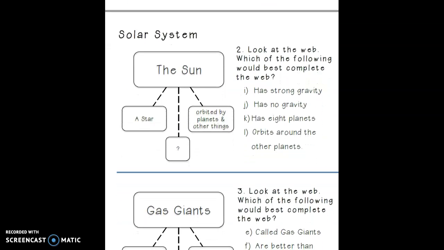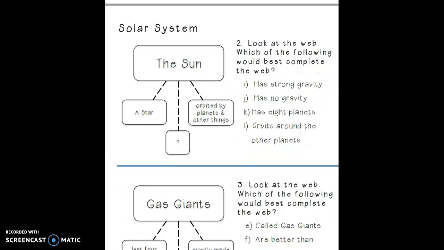It says solar system, 2, look at the web. Which of the following would best complete the web? So the main idea is sun, and the details are a star and orbited by planets and other things. So we have to choose which detail would best fit here. Our choices are has strong gravity, has no gravity, has 8 planets, and orbits around the other planets.